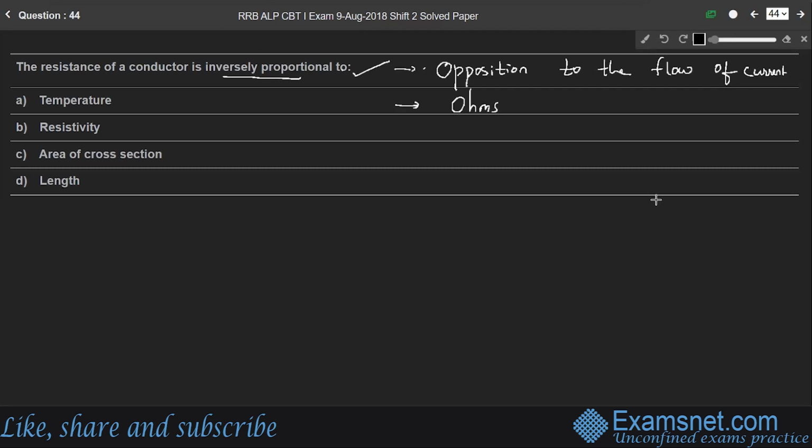It is named after the scientist George Simon Ohm, who discovered the relation between voltage, current, and resistance.